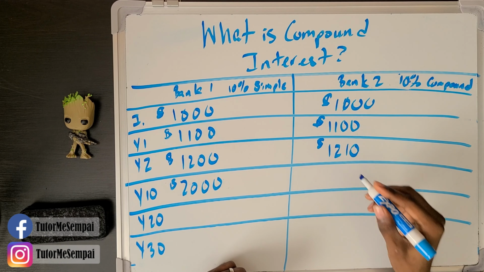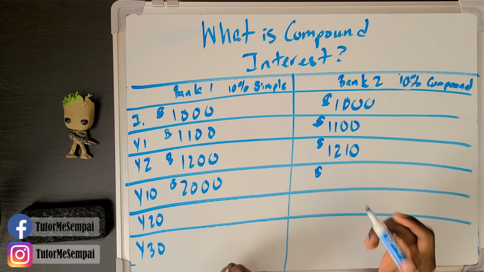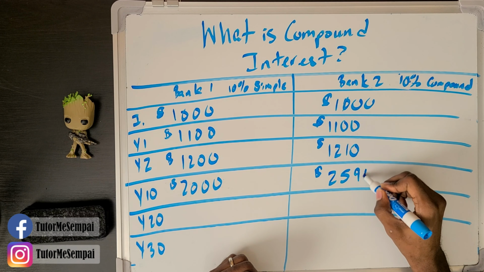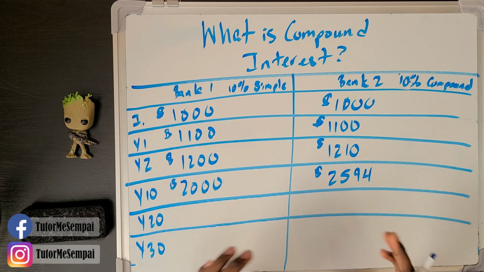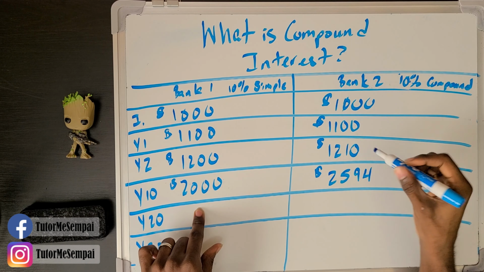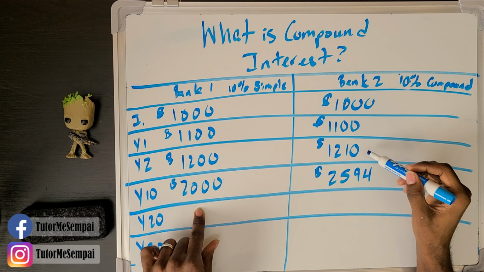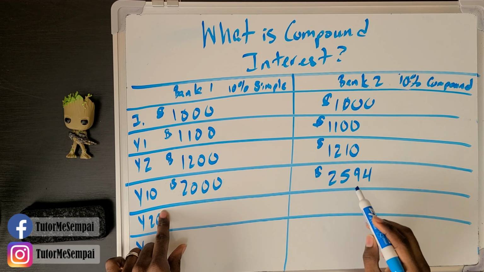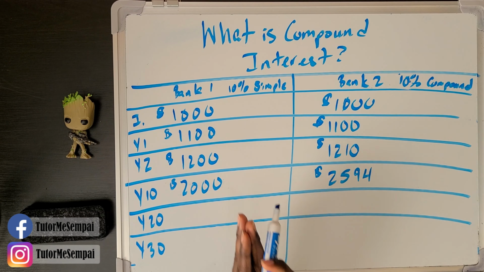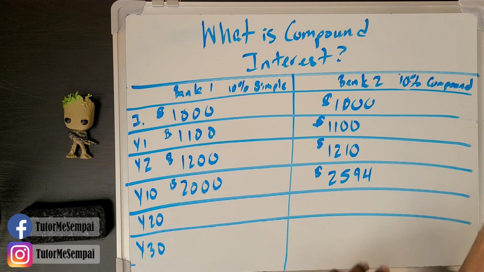However, Bank 2 is going to have you looking at your total being $2,500 and roughly $94. That is a decent difference. So it started off pretty much the same. You had a $10 difference after year 2, but going all the way to 10 years, you have almost $600 difference just from putting it in a bank with compound interest.